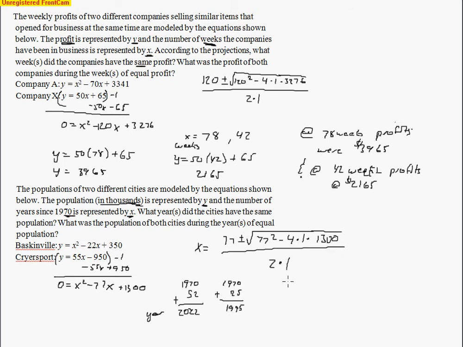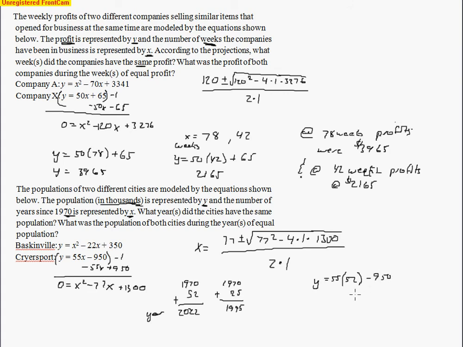So now I'm going to go ahead and find out what those populations are. Let's use the first equation, y equals 55 times, and then my x value was 52, minus 950.